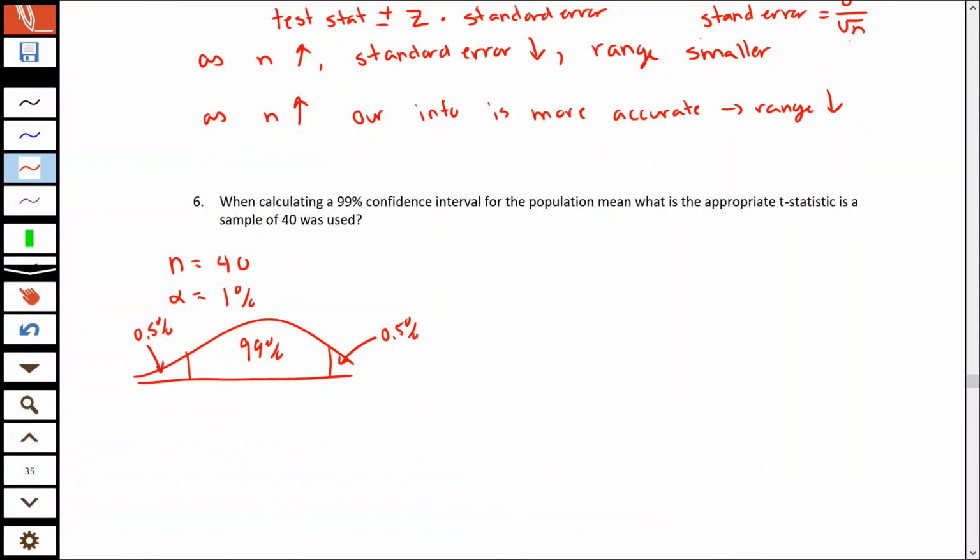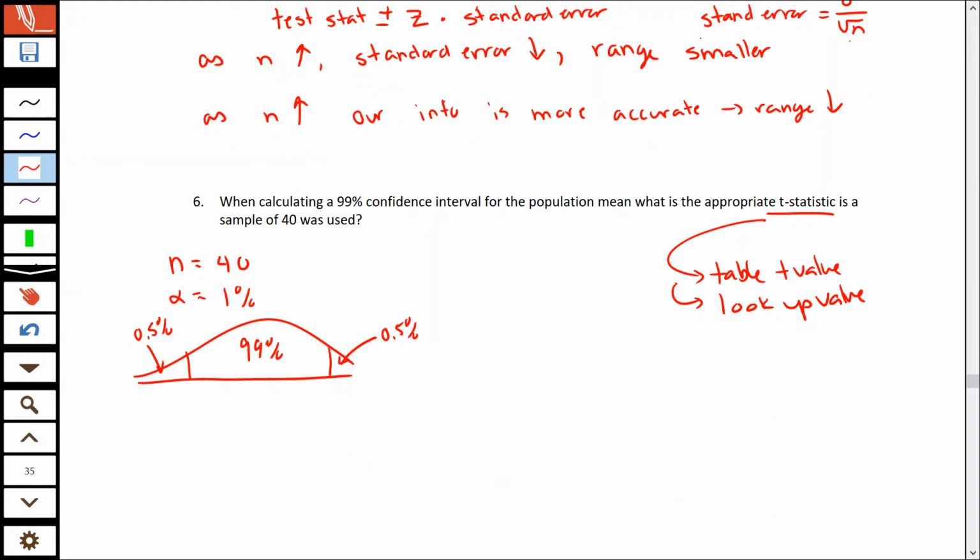And so when it asks us for the appropriate t-statistic, other ways it can ask us, it could ask us for the table t-value. It could also ask you for the lookup value.